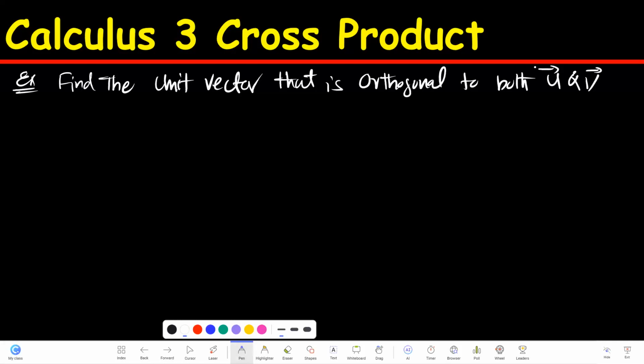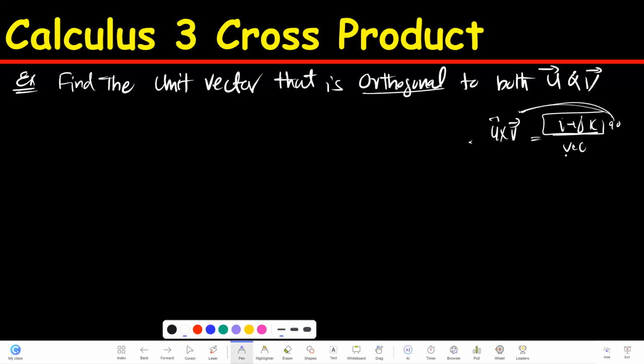So in this problem, I need to find u cross v, and there will be a vector with i, j, k. Orthogonal means this vector is 90 degrees to both u and v. That is what the question is asking.